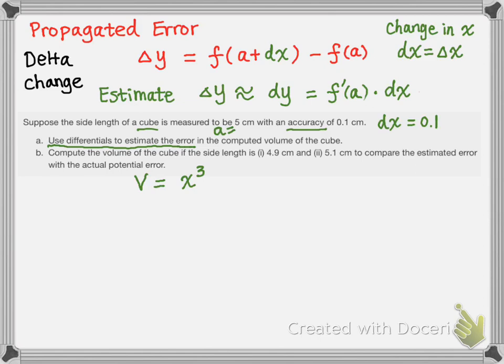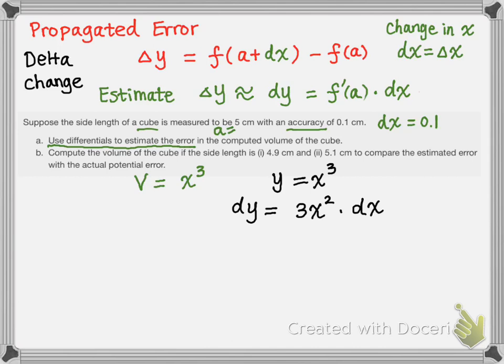You just change V to y, and y equals x cubed. Then instead of talking about dV, we're talking about the differential dy. According to the formula, dy is f prime, which is 3x squared times dx.